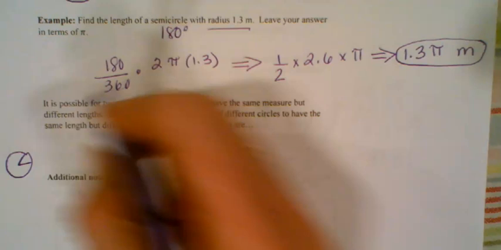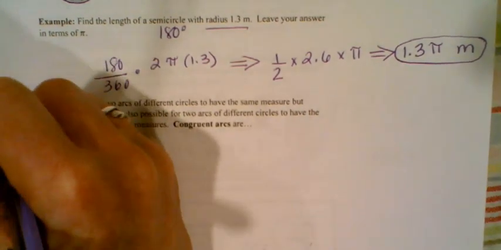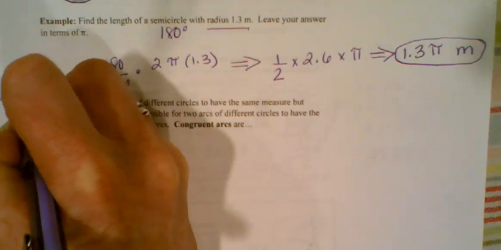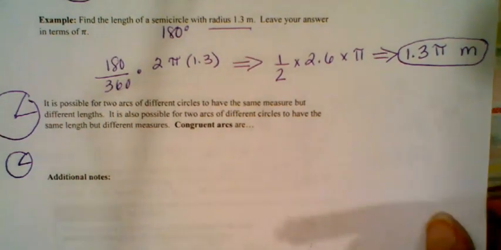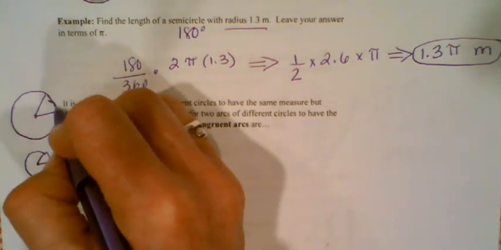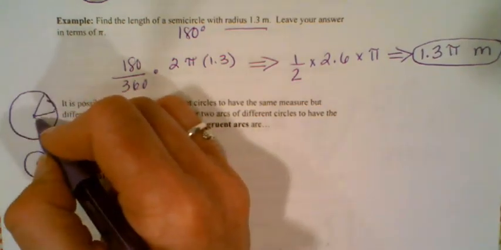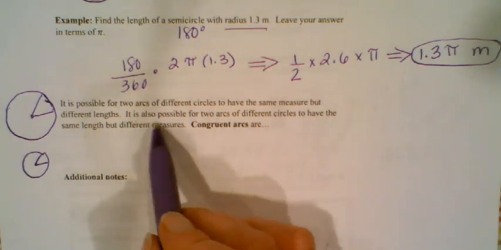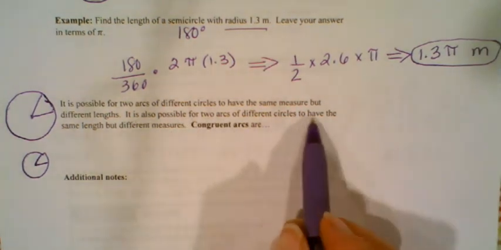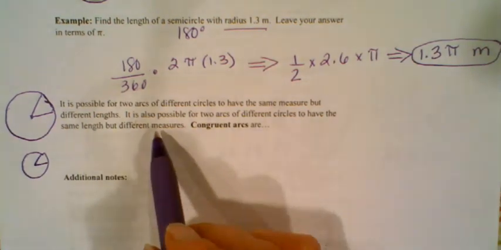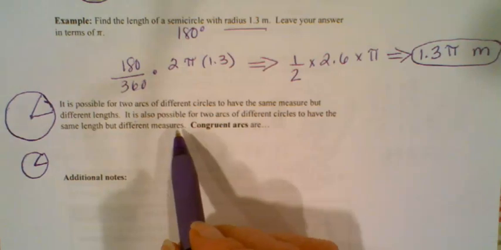Then you could have a bigger one, but still be 45. So they both have a 45-degree measure, but because this is a bigger circle, it's going to have a larger circumference than this one. It also says it is possible for two arcs of different circles to have the same length, but different degree measures.